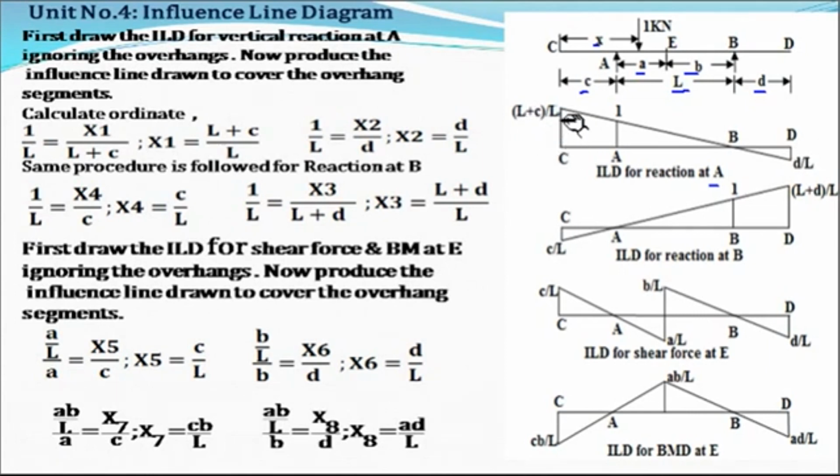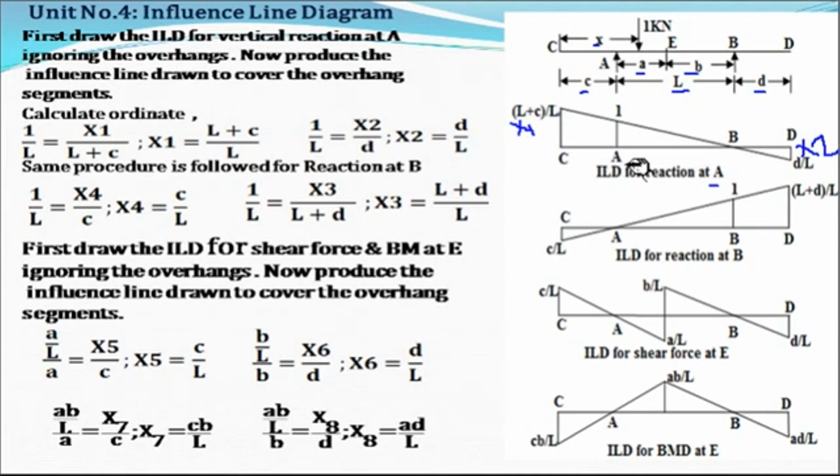We don't know the value of this ordinate, so we'll call this ordinate x1, whereas we'll call this ordinate x2. To find out the values of x1 and x2, we use the principle of similar triangles.